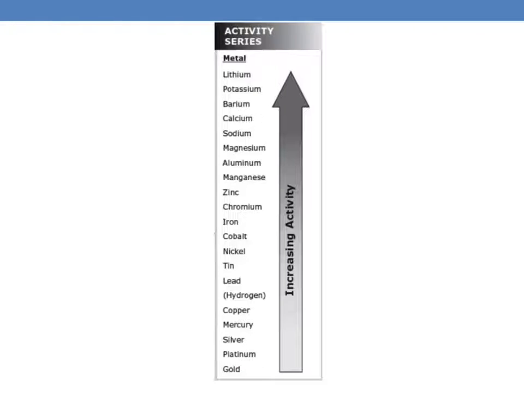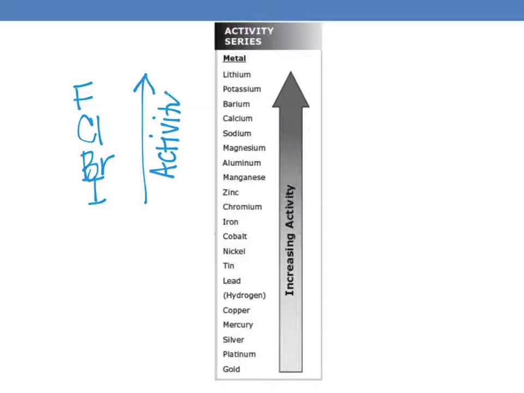Now, the thing I need you to know is these are all metals, but you will see them for nonmetals. The nonmetals that you will see are fluorine, chlorine, bromine, and iodine. Those four are ones you will see in a reaction, and they are just like that on the periodic table. When you go up the periodic table, we have increasing activity.